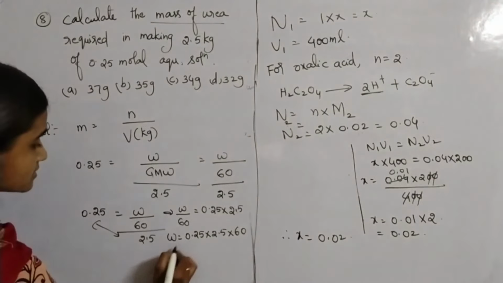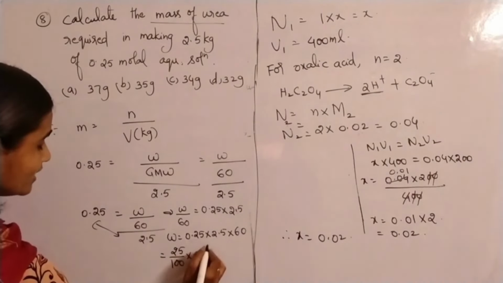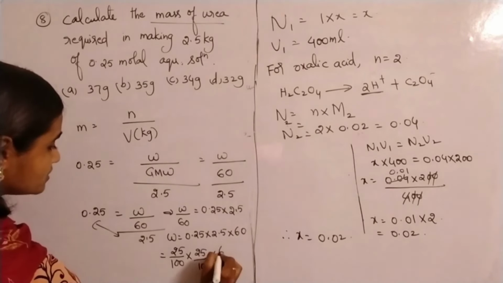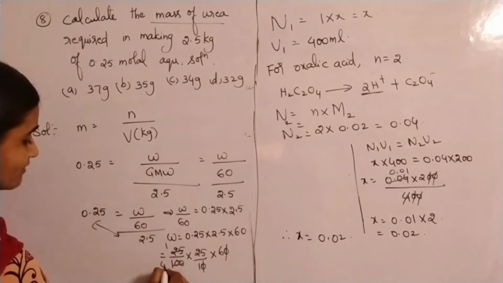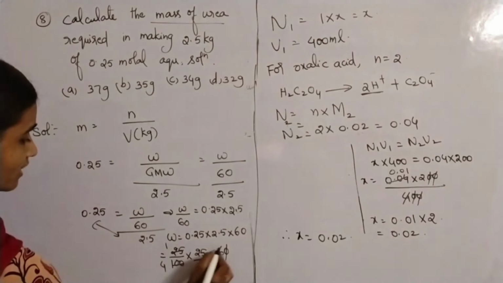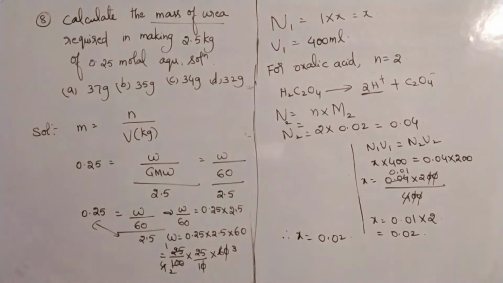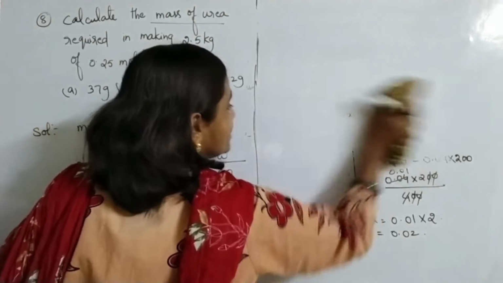Okay, so this can be written as what? 25 by 100. 2.5 can be written as 25 by 10, into 60. 0 0 gets cancelled. 25 ones are 25, fours are. Okay na, 2 table, 2 threes are, 2 twos are. So what are left over there? 25 into 3 by 2 means 75 by 2 you got.